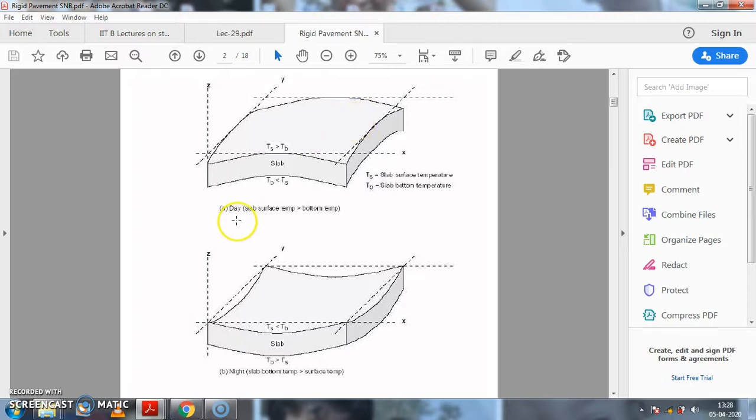So when it is night, the surface of the pavement releases heat, and as time passes, the bottom part of the slab becomes much hotter than the upper part of the slab. So when it is warping, it looks like this shape. So at night, this shape. Basically this incident happens due to the differential temperature in daily life, or you can say also the seasonal variation. Clear?